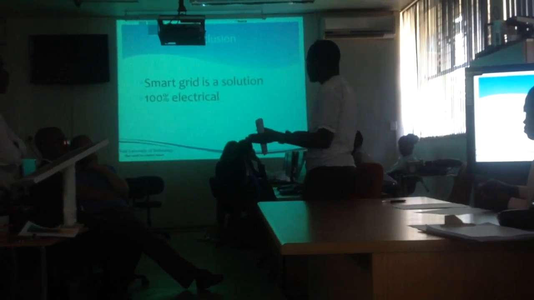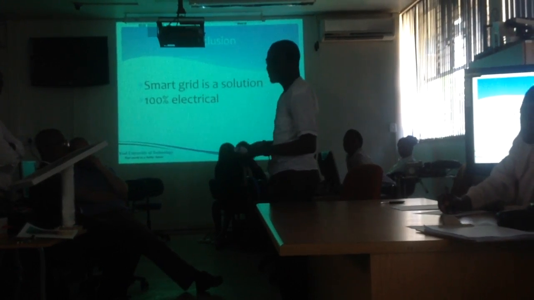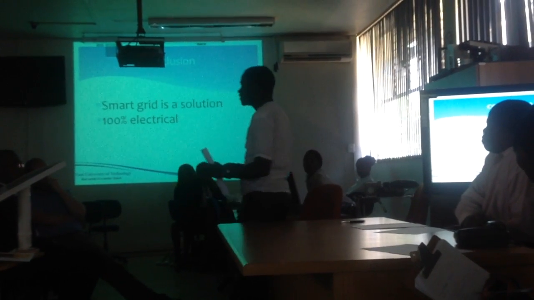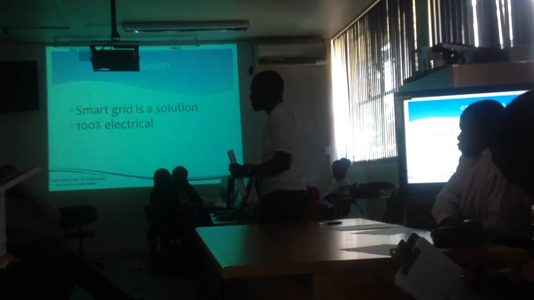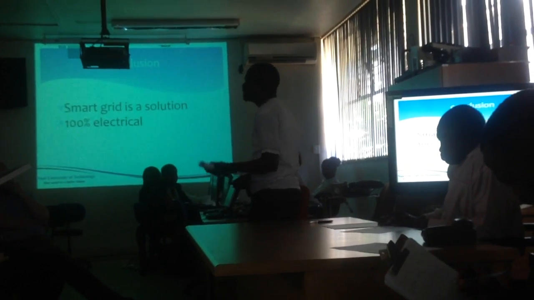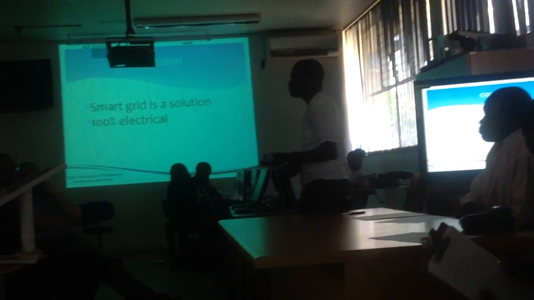So this is the solution. And again, this is 100% electrical. You can see we used electronics and power components, and here's the project. It works very well, so we can say that the project is 100% successful.